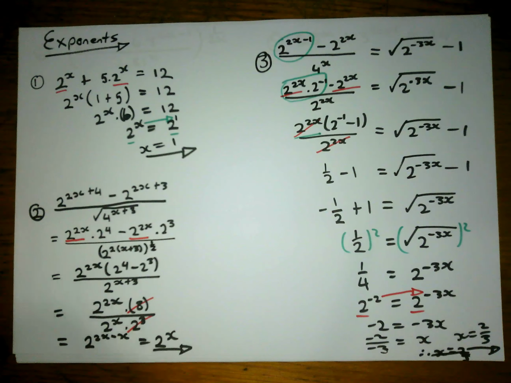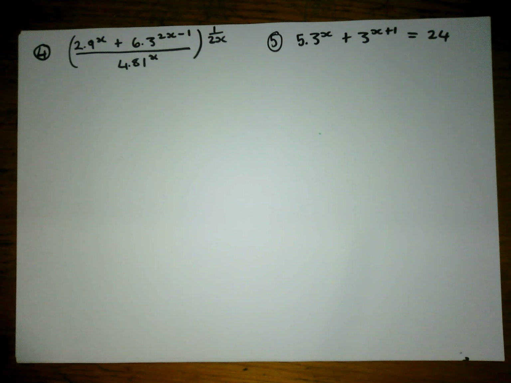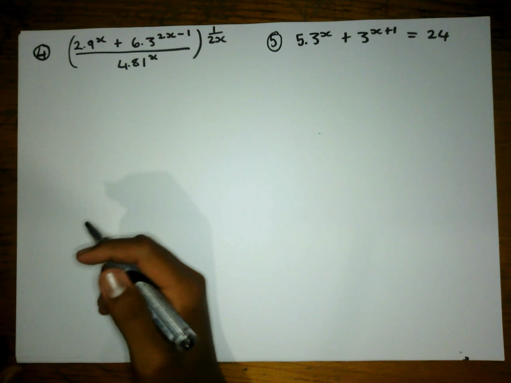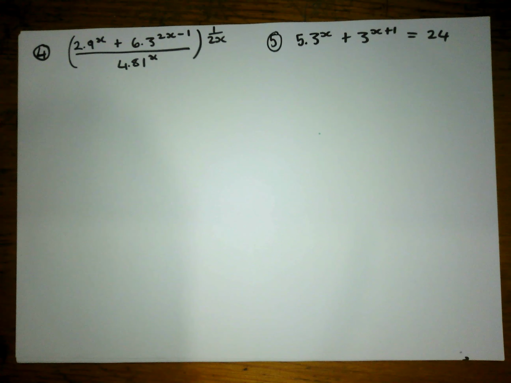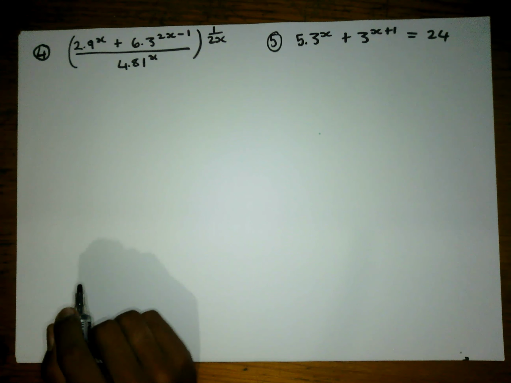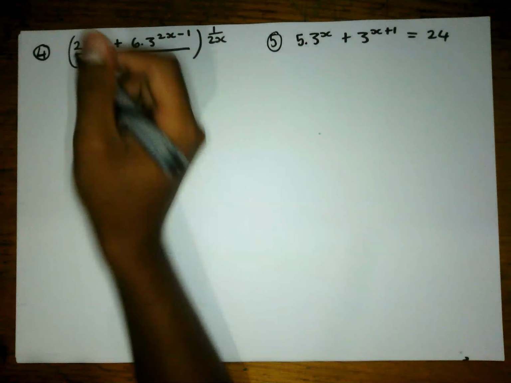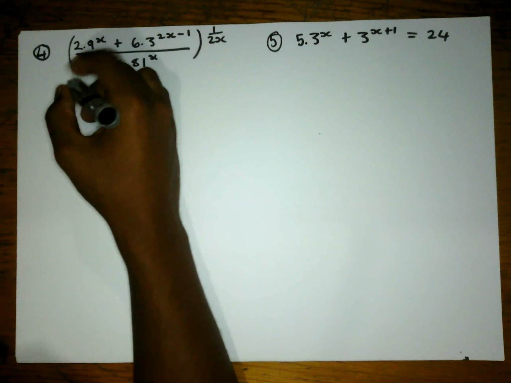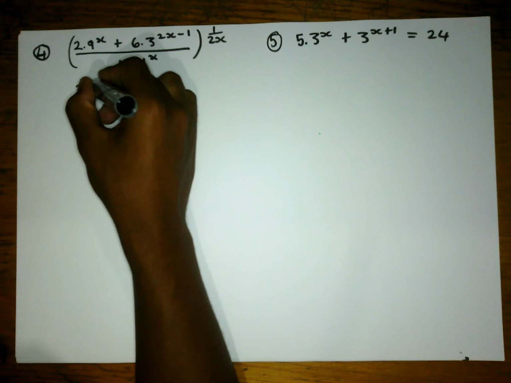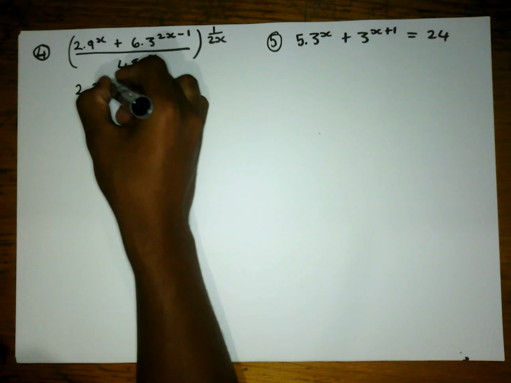Next question. This next question is a bit bigger and a bit more tricky, but it shouldn't be a problem because we know now that we're going to first simplify everything nicely, and we're going to do it by saying 2 times 3 squared x.